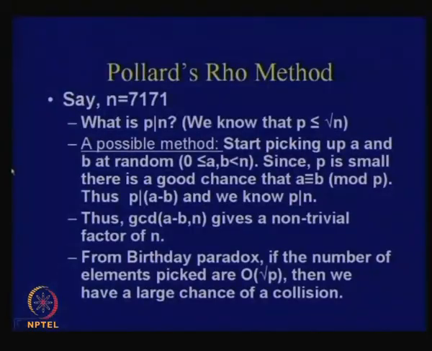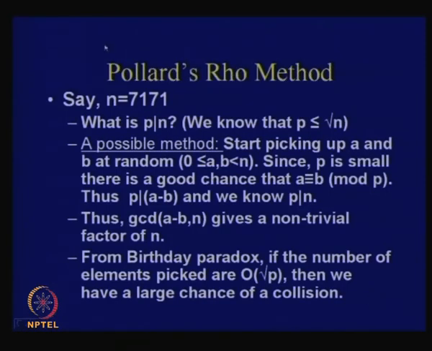So, you have got p distinct points, and from there if you choose square root of p elements randomly, then from the Birthday paradox we know that there is a high probability that two elements will actually collide, right, and therefore, this technique should work. Okay. So, this is the basic principle behind the Pollard's rho technique.